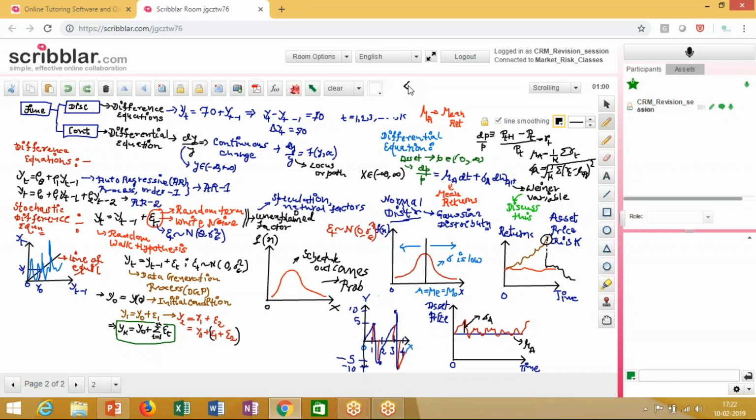So the standard deviation of returns is 1 by n, summation Ri minus R bar whole square, right?